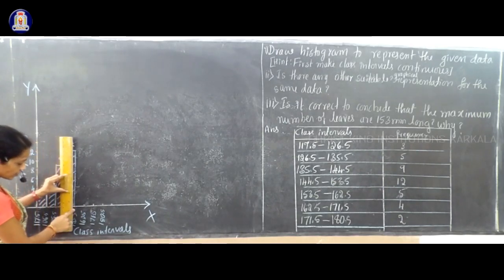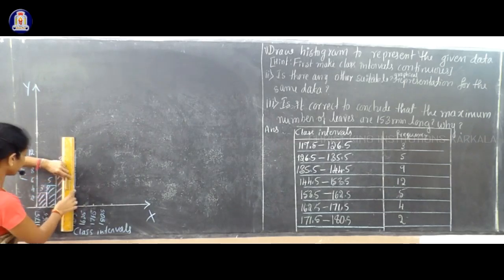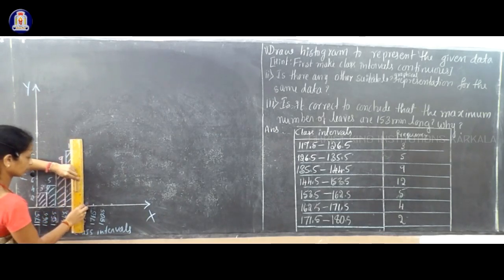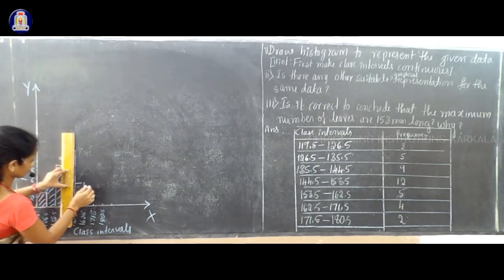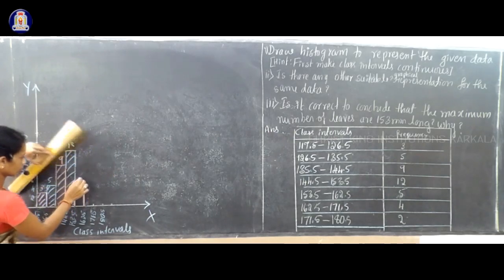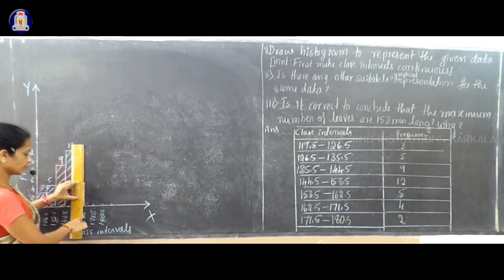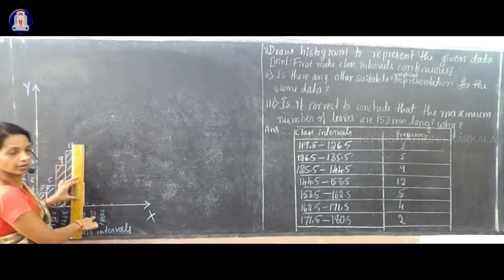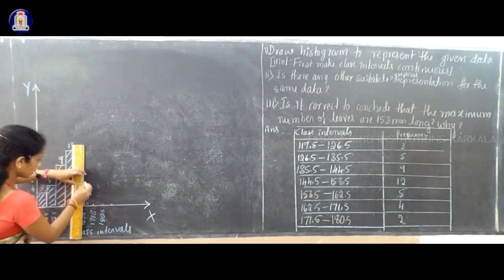Next class interval is from 153.5 to 162.5, and you have to draw a rectangular bar of height 5. The next rectangular bar is from 162.5 to 171.5, and it is of height 4 units.